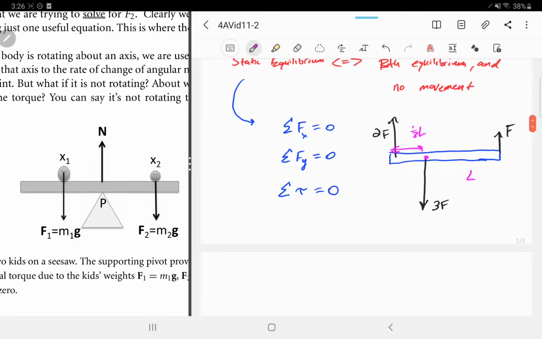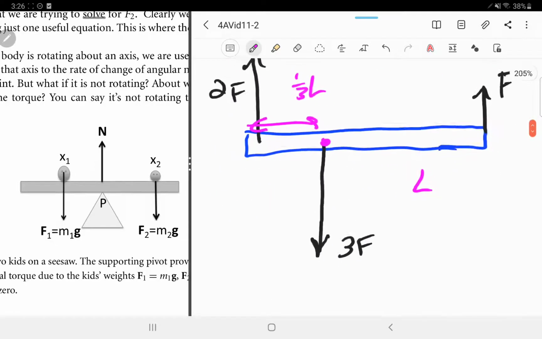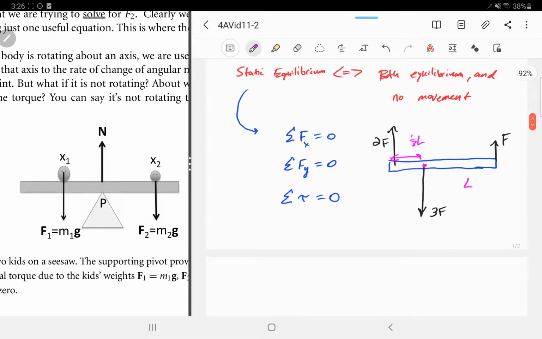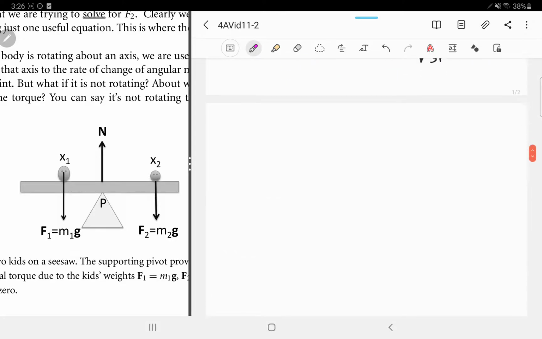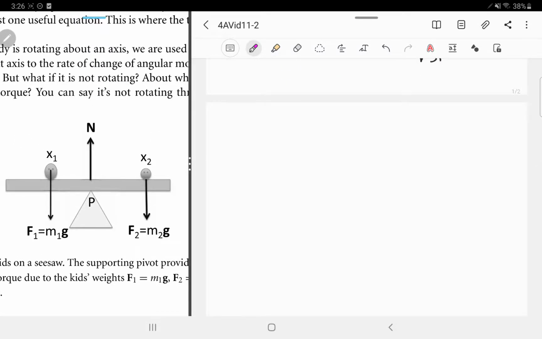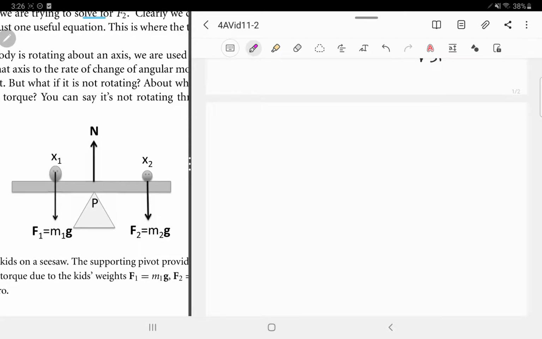So like right here, even though we had no mg for the rod, we still looked at the torques for the forces being applied to that rod, and it was the rod that was stationary. So similar here. It looks like your book is ignoring any mass for the rod, but there are 3 forces acting on the rod. There's M1G, M2G, and then a normal force upwards.